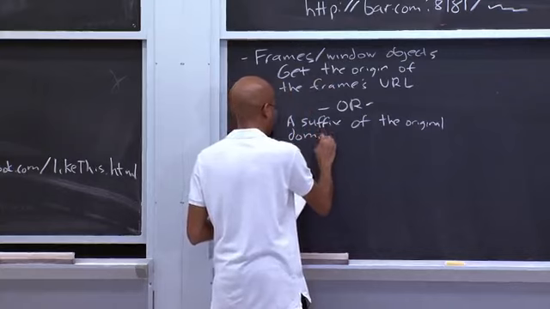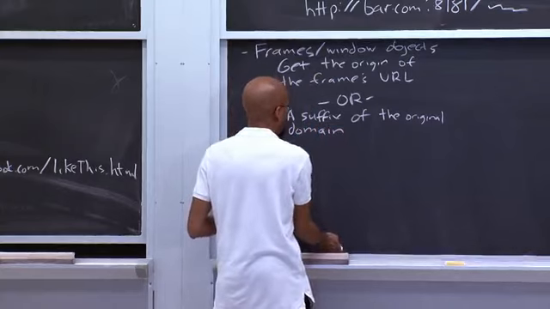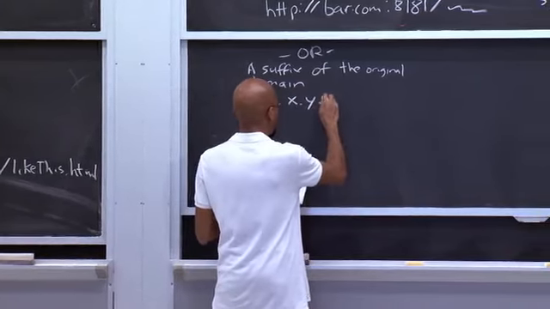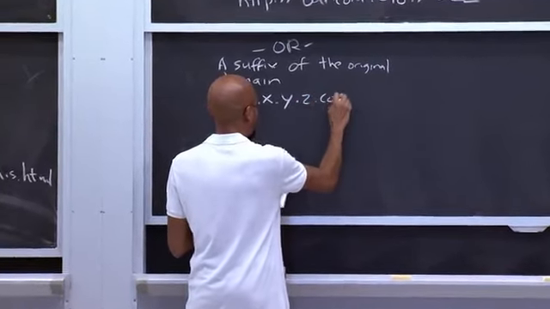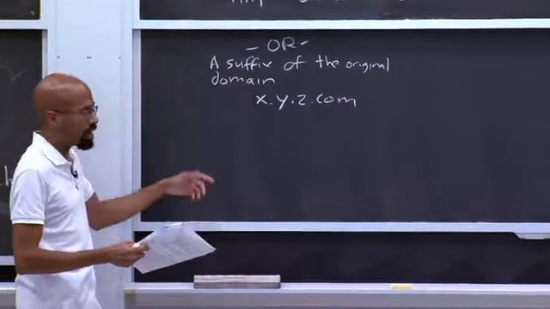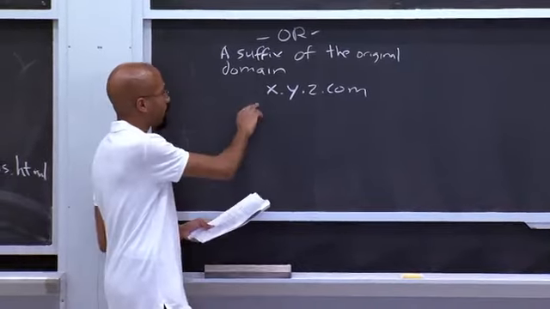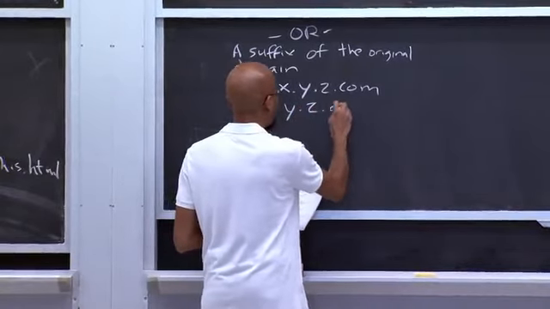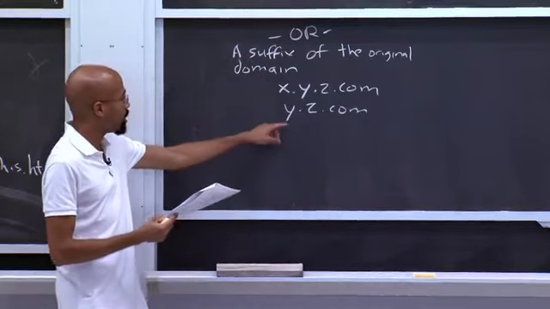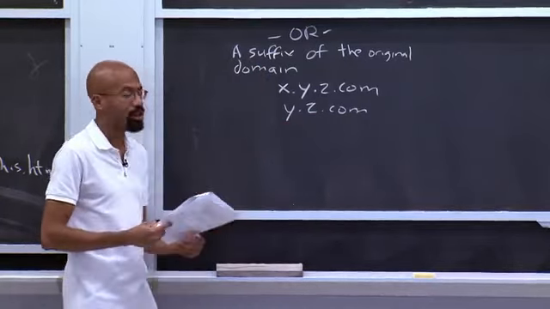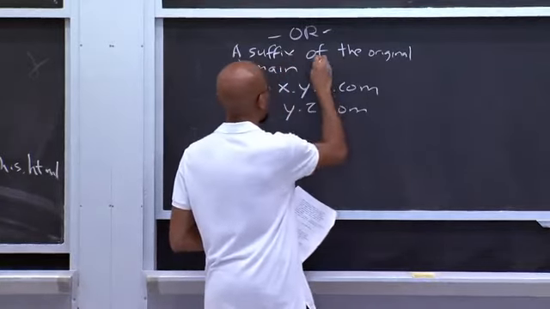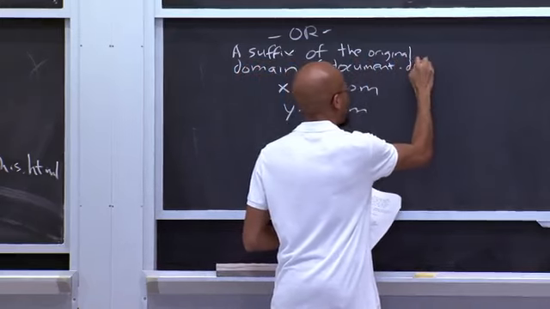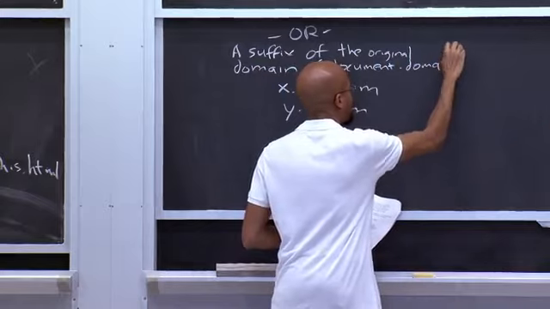So, for example, a frame could start off having an initial origin x.y.z.com, right? And so let's ignore the scheme and the protocol for a second. So initially, the page could start off like this. It can then intentionally say, I want to set my origin to be y.z.com, a suffix of that, right? And the way that it indicates this is by doing an assignment to the special document.domain value that's accessible via JavaScript.